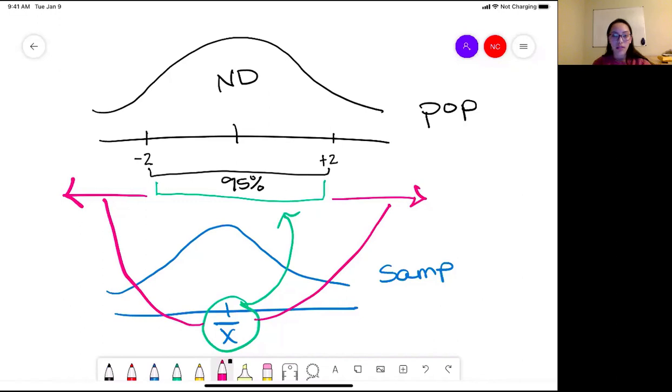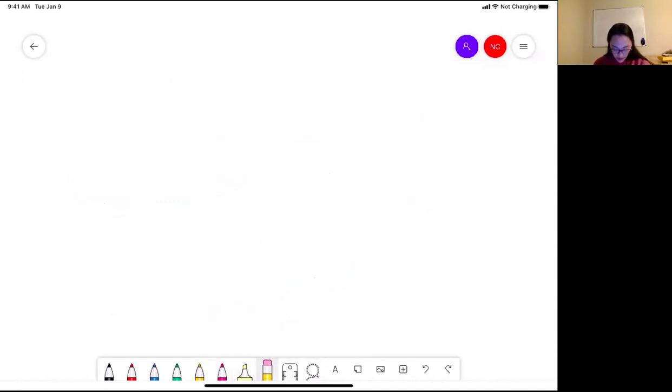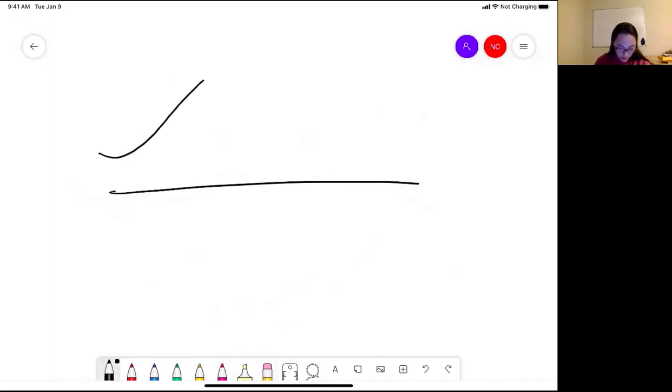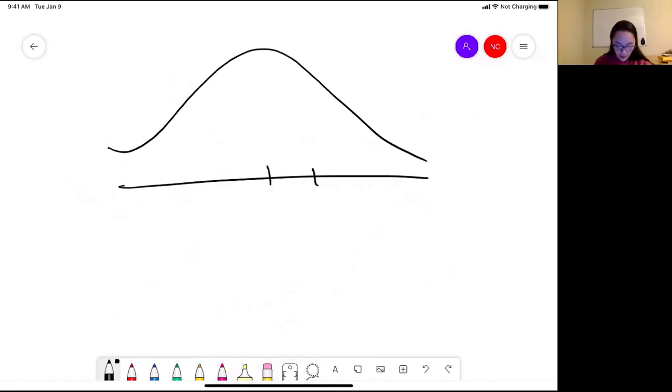So when we're using criteria for our Z skewness and Z kurtosis, you guys will get values that typically range between plus or minus 3, which would represent your standard deviations.